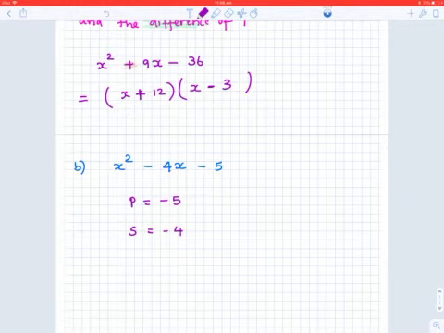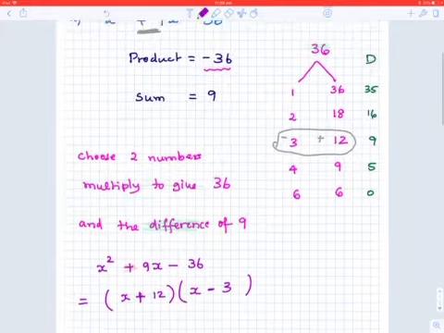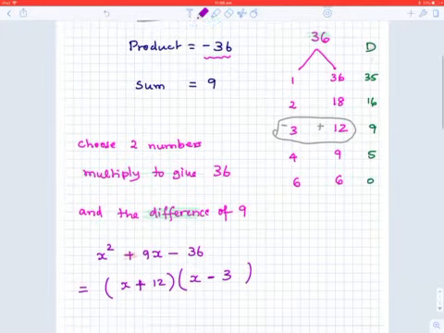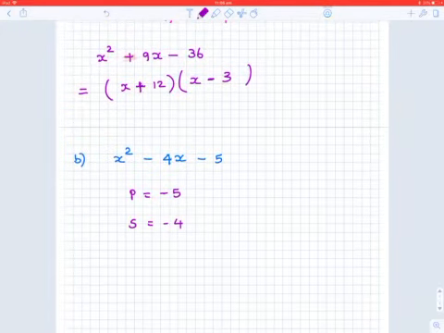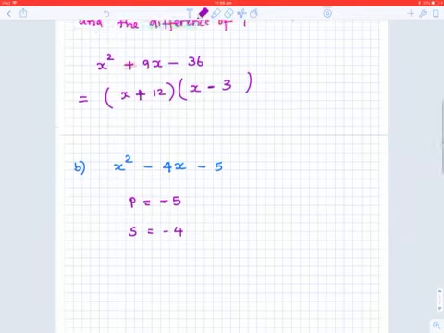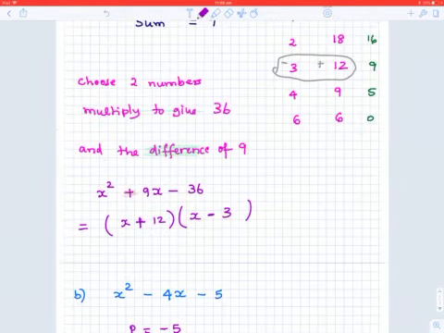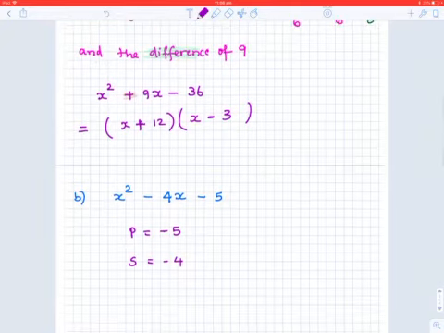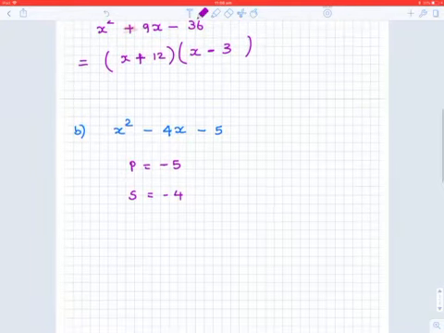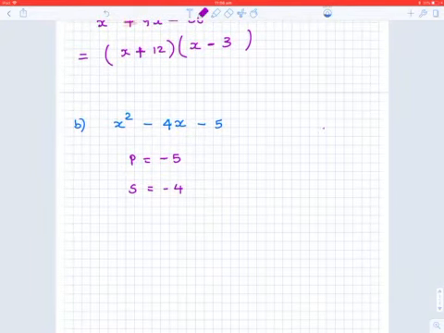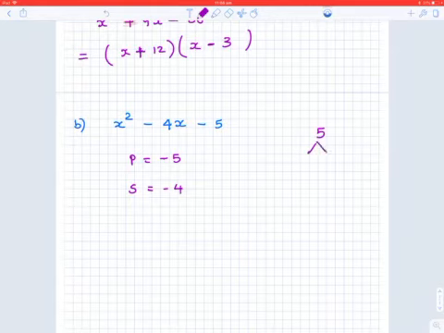If we have the product as a negative number, I'm just going to write 5 first. I can put the minus later.